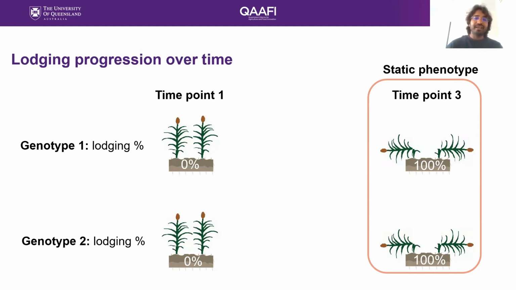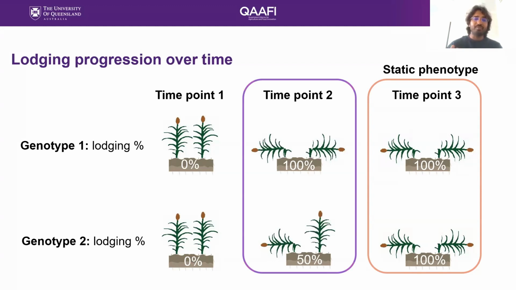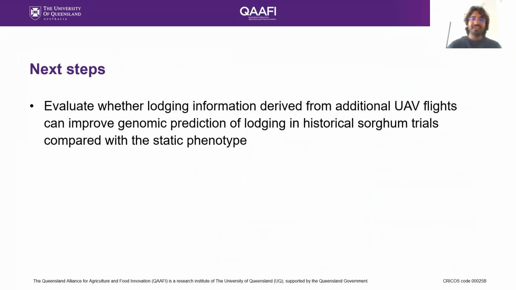But if I have a middle time point, genotype 1 has already lodged completely while genotype 2 is only partially lodged. This shows that repeated UAV measurements can capture lodging progression and may provide additional information beyond static phenotypes.